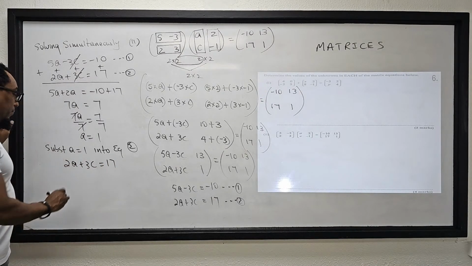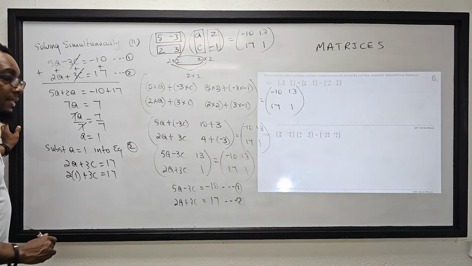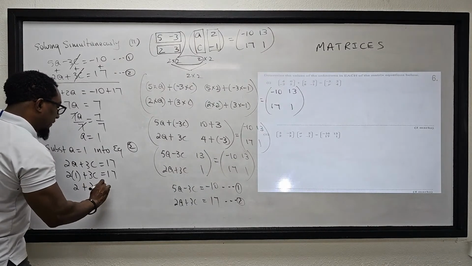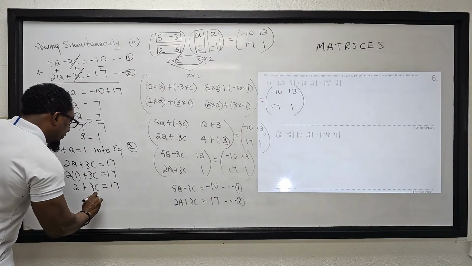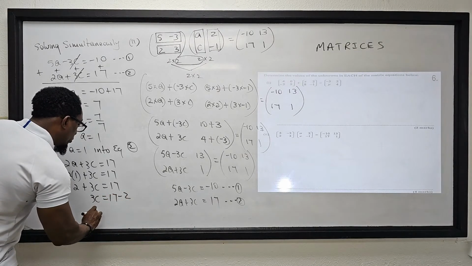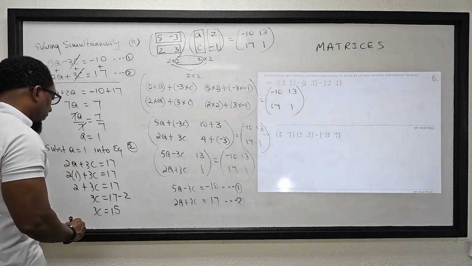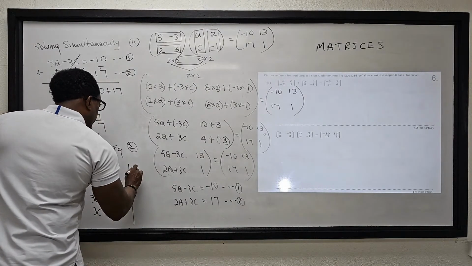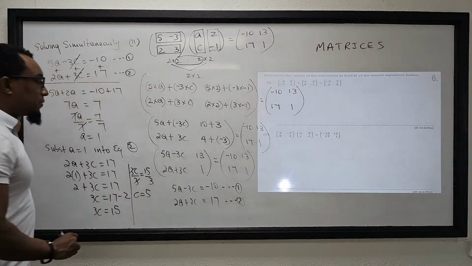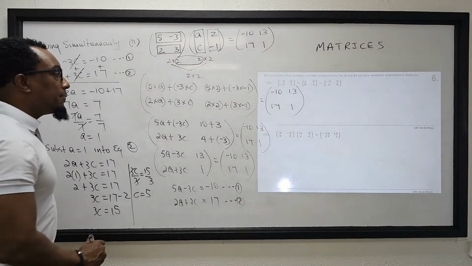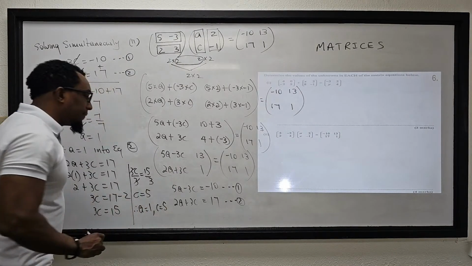Replacing a with 1, 2 times 1 plus 3c is equal to 17. 2 by 1 is 2, plus 3c is equal to 17. I'm going to subtract 2 from both sides. 3c is equal to 15, and therefore I'm going to divide both sides by 3. c is 5. So therefore we have found a and we have found c. So a is equal to 1 and c is equal to 5.